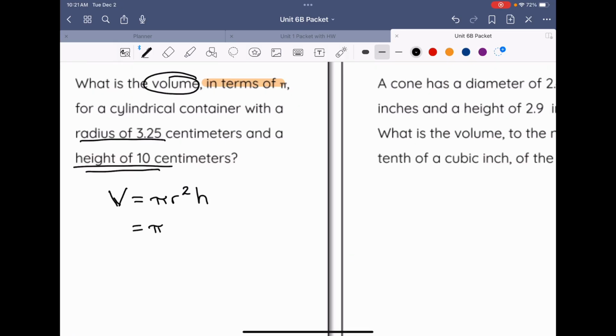All right, so when we plug this in, so 3.25 squared times 10. Do one thing at a time just to make sure that you don't make any small errors. So 3.25 squared will be 10.56.